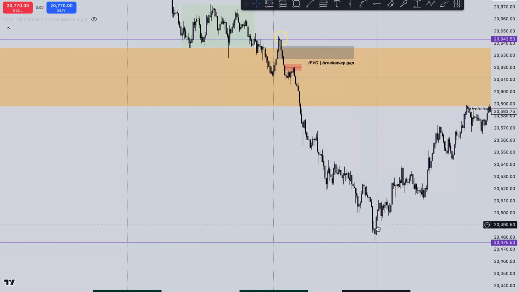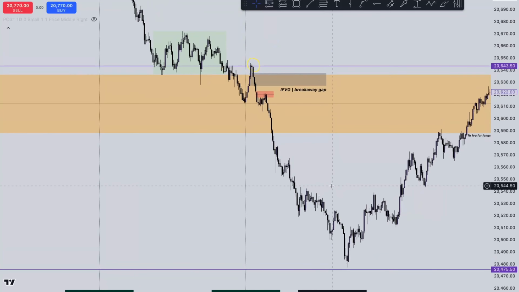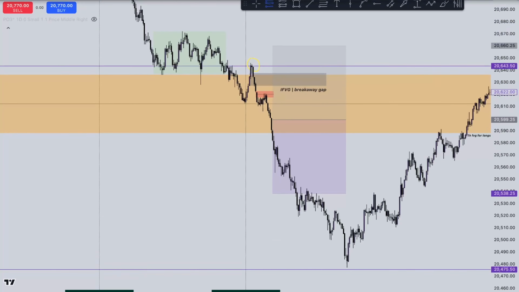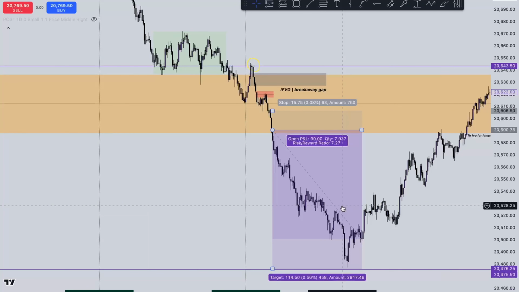Held it for quite a while, missed TP, and then we had our exit about here, being an entry like this. So that was a trade, right?